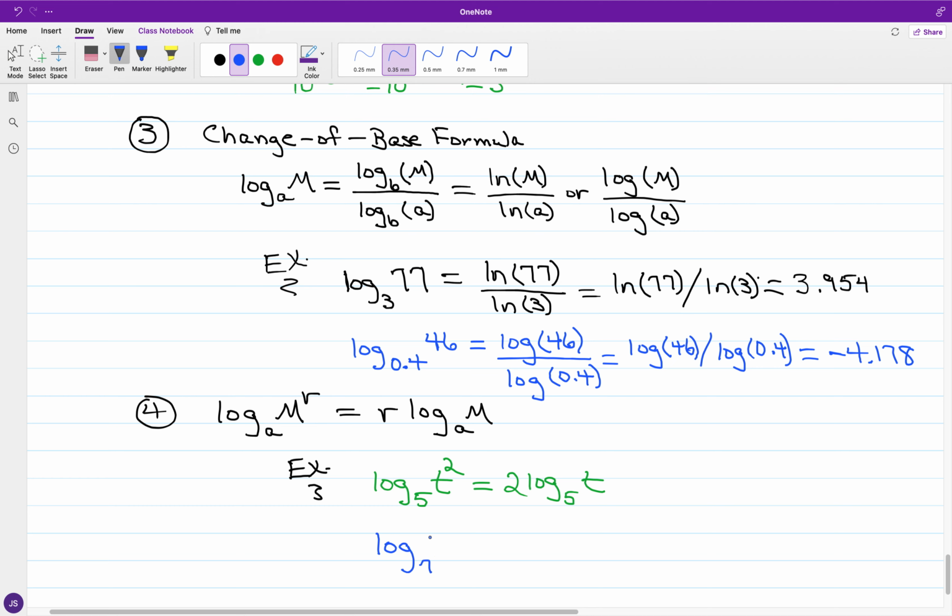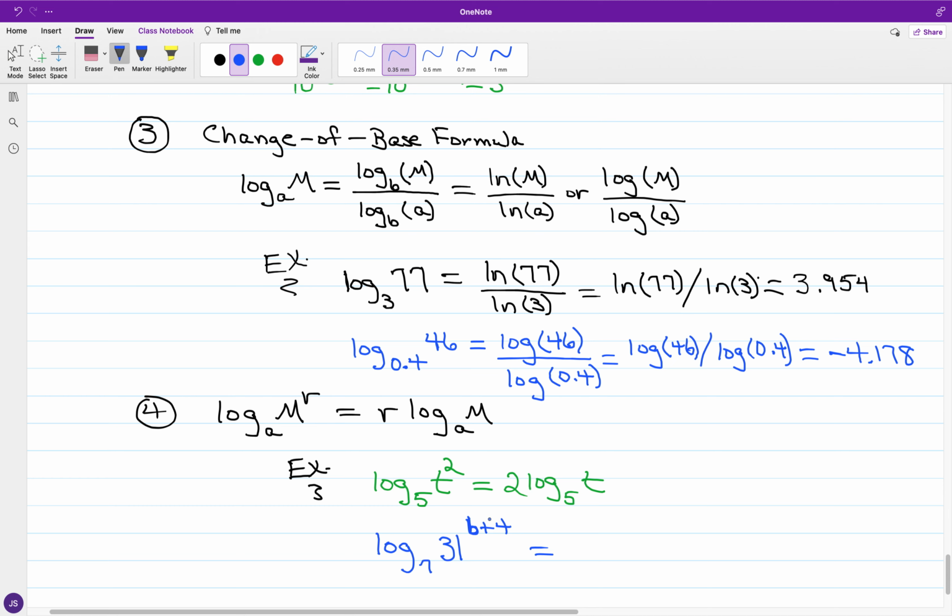Now say you have a base 7 logarithm of 31 to the b plus 4 degree. So you have a represented by 7, m by 31, and r is represented by the 2-term expression b plus 4.